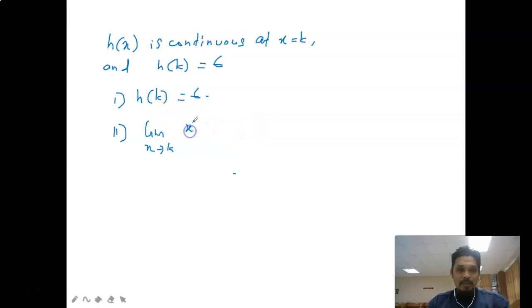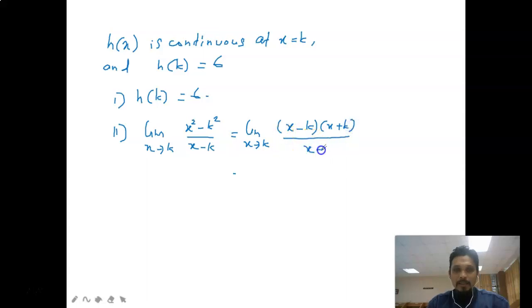So this equals limit x approaching k, and this one here comes out with (x minus k)(x plus k) divided by x minus k. Okay, so simplify this, and we get limit x approaching k of x plus k.